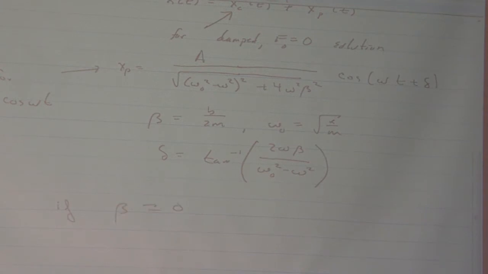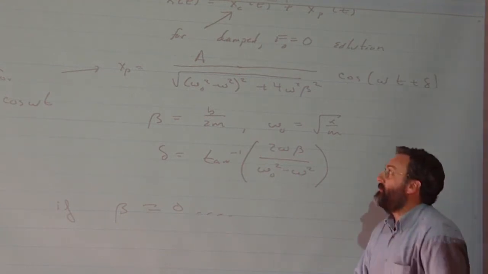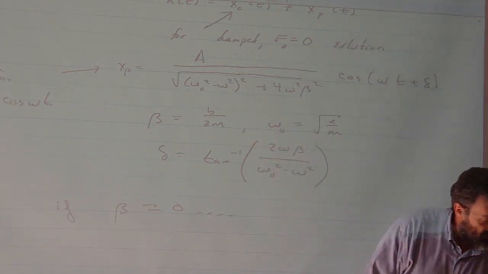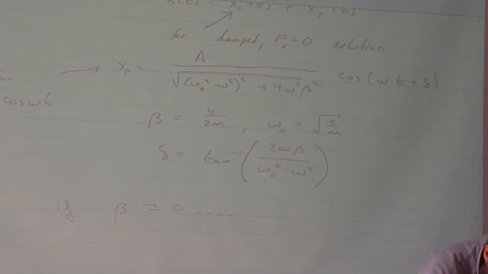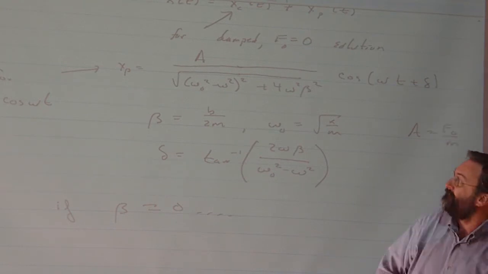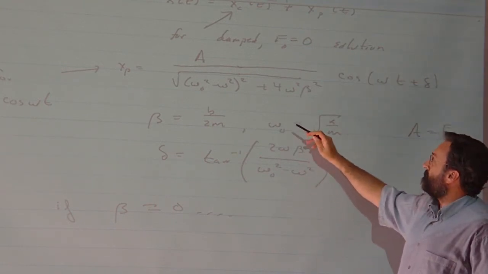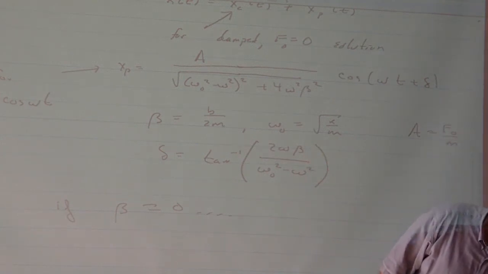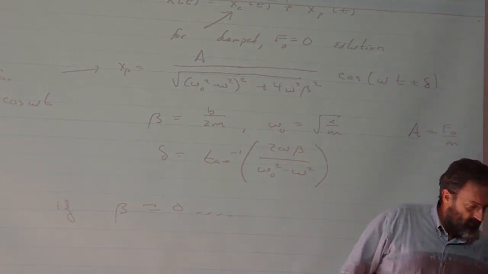If beta is 0, then it's possible for the amplitude, oh, A, I didn't tell you what A was, right? A is F0 over m.